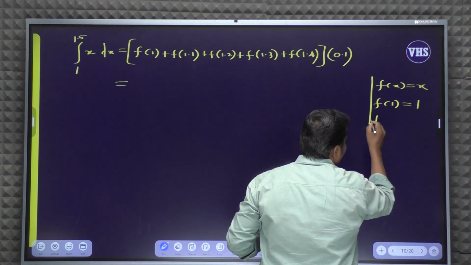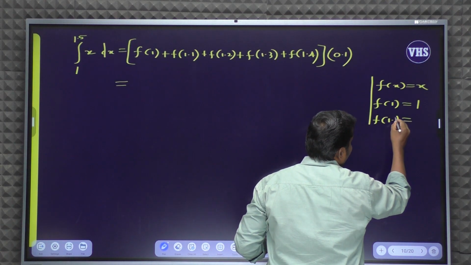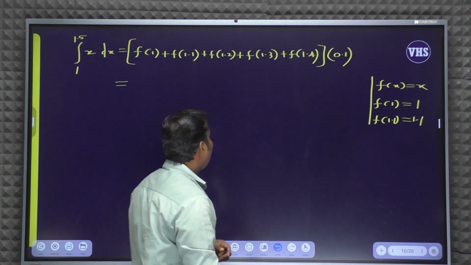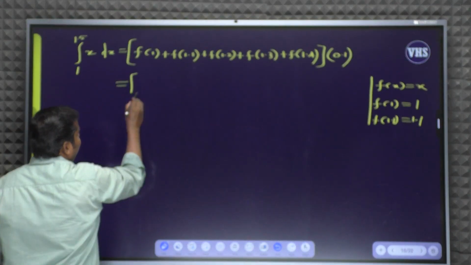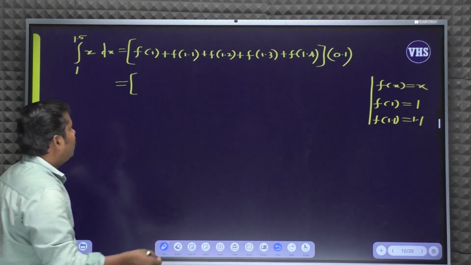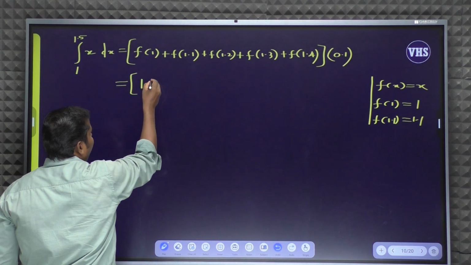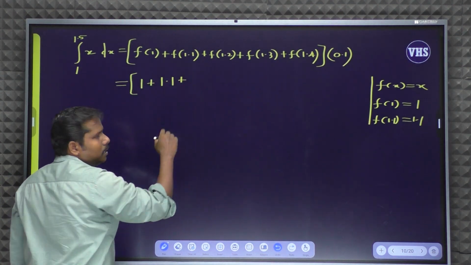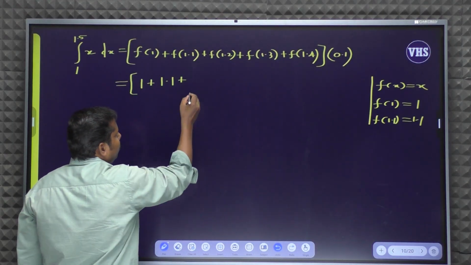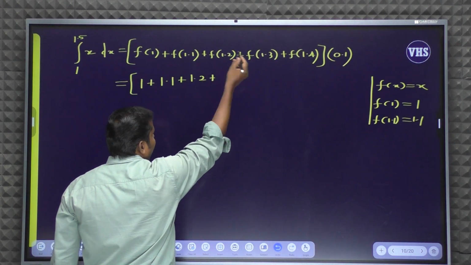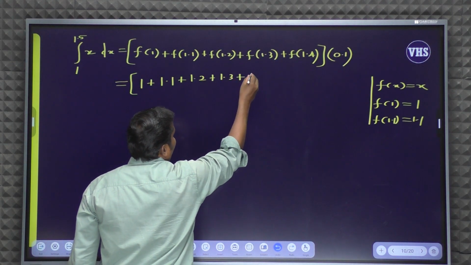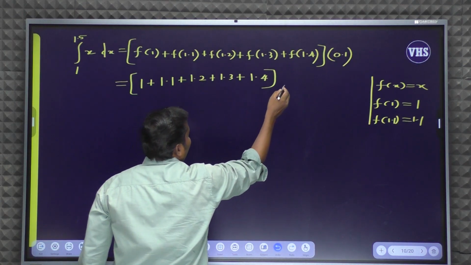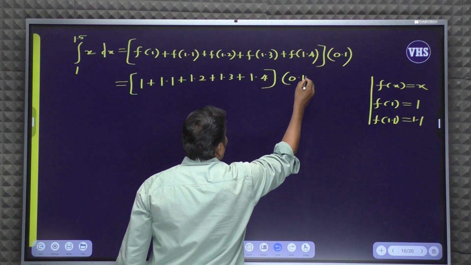In a similar way, if you give 1.1, you are getting 1.1. Like that you proceed, you are getting the same quantity as the input. So f of 1 means 1, f of 1.1 means 1.1, f of 1.2 means 1.2, 1.3, and finally 1.4, into 0.1.